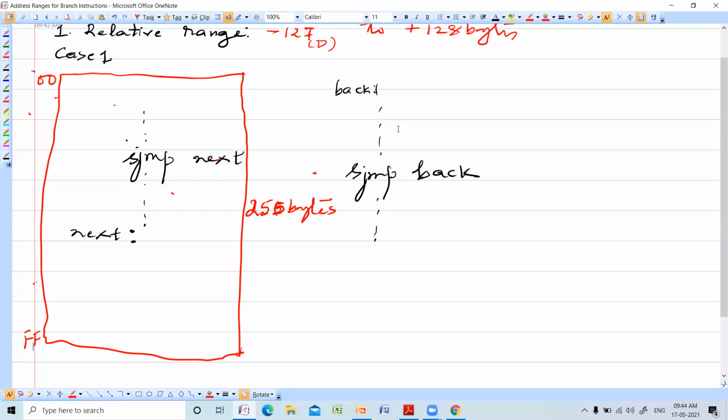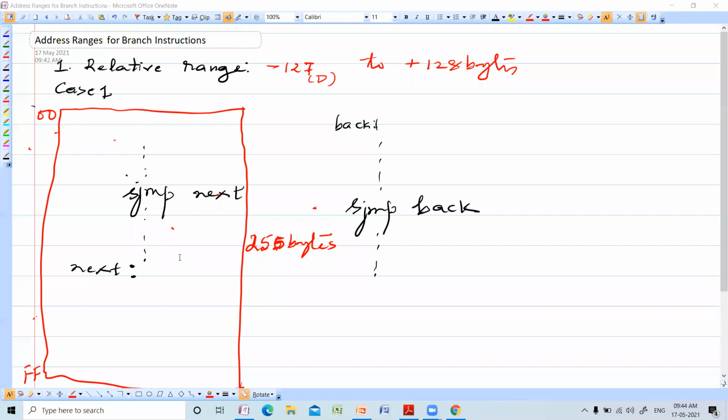So totally, what is the relative range address range? 256 bytes. Then what is that minus 127 to plus 128 bytes? What is the meaning? I was talking about signed numbers.